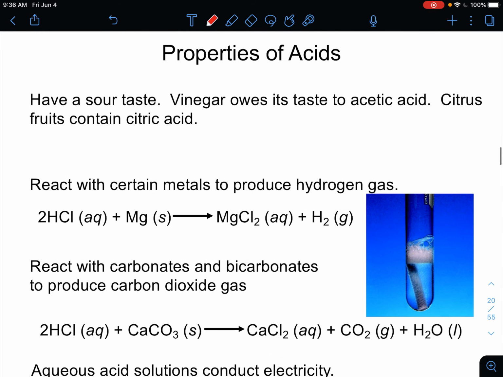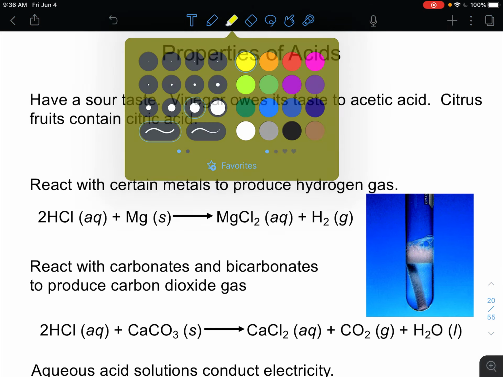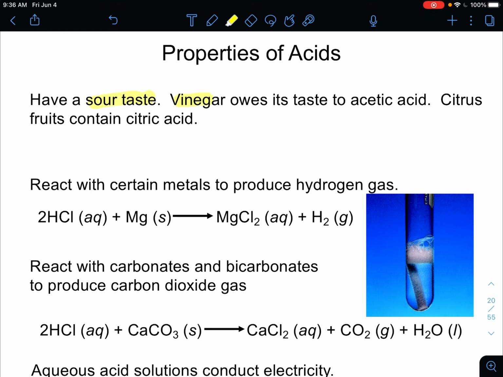So when we talk about the properties of acids, well, we can think about something like vinegar with its sour taste, or when you think about acid, maybe you think about citrus fruits with their citric acid. We also know that acids react with metal, and it essentially converts the metal into a salt and results in the generation of hydrogen gas.